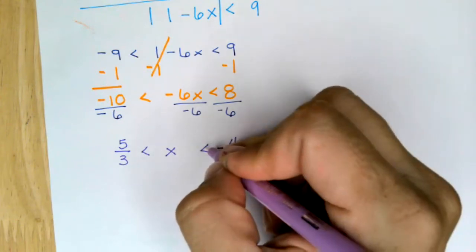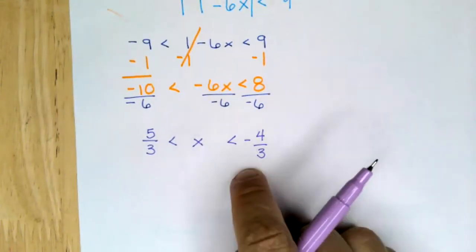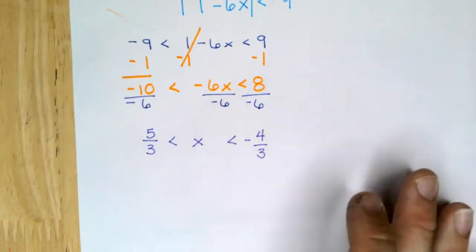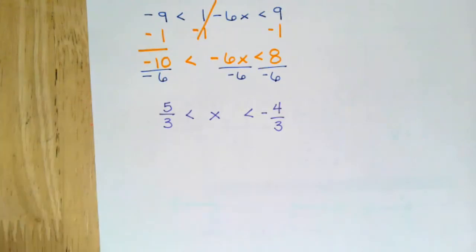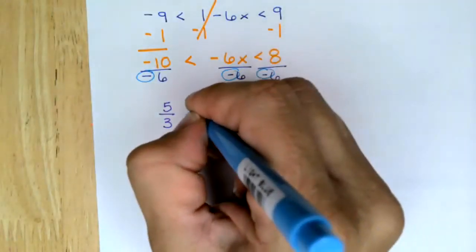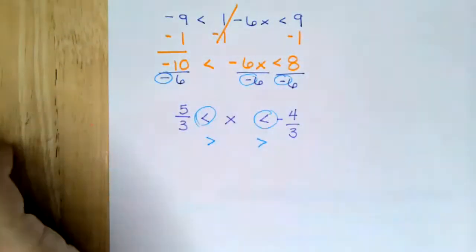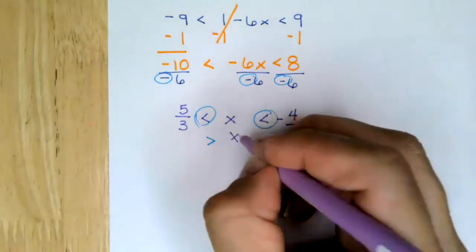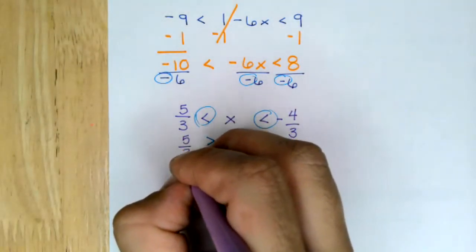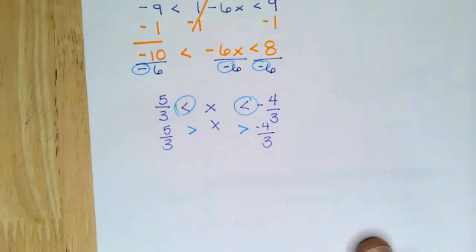But do you see what I forgot? I forgot to flip the sign. I think that's why I picked this one. So you need to flip the sign. I divided by a negative, so I need to flip the sign. Good.